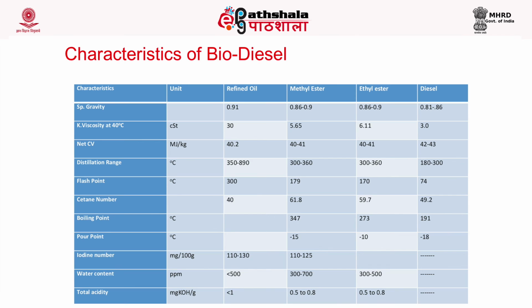So this indicates its safety in its storage and handling. Then cetane number for methyl and ethyl esters it is comparable, and it is higher as compared to petroleum diesel.